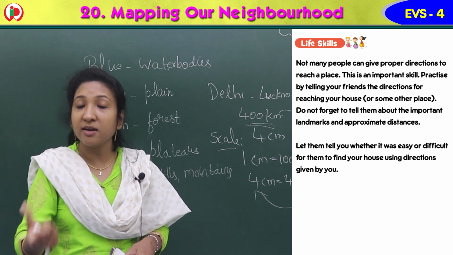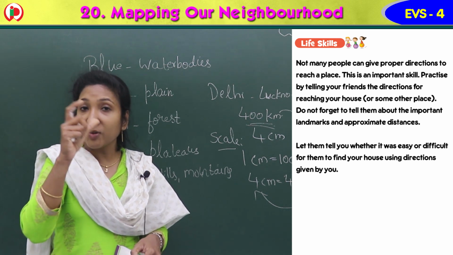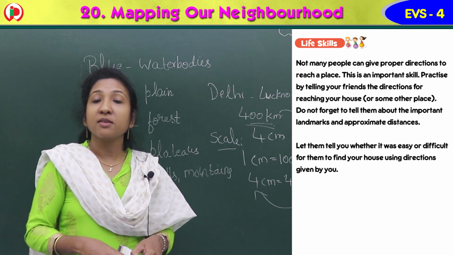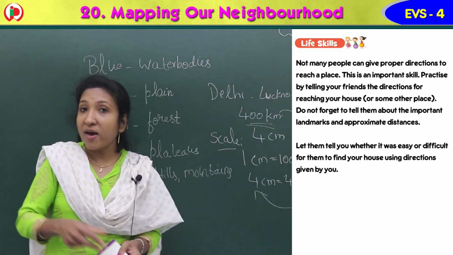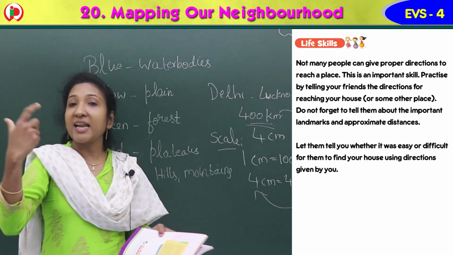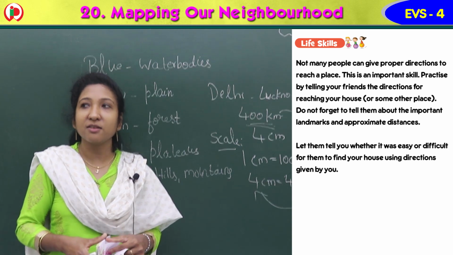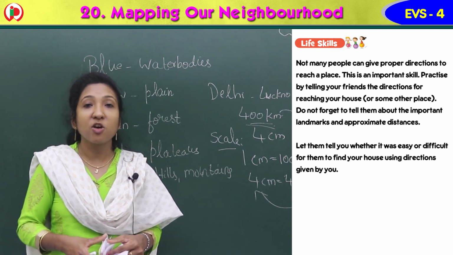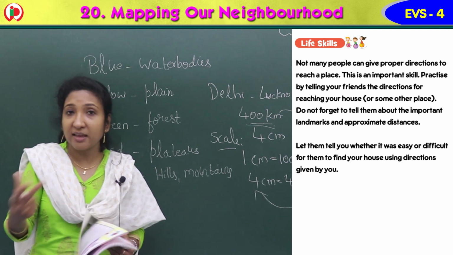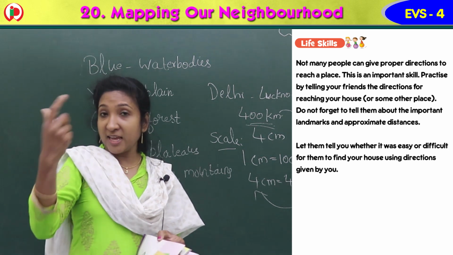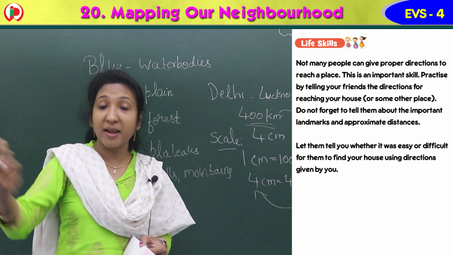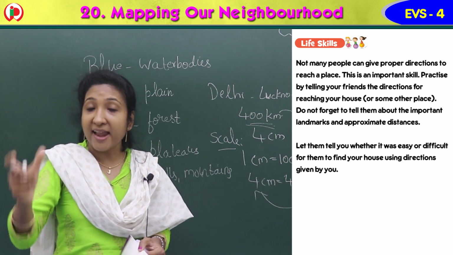Spell them and learn the spellings, and read the lesson carefully. Then you acquire the skill of telling the address or the directions to reach your house, or to reach the location of any other place also.